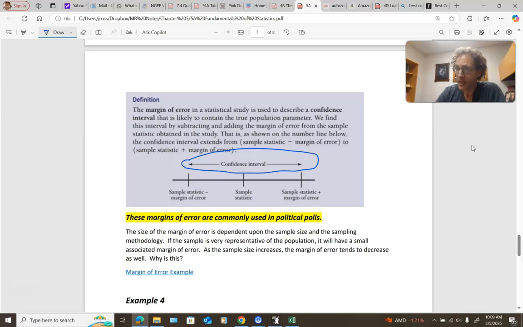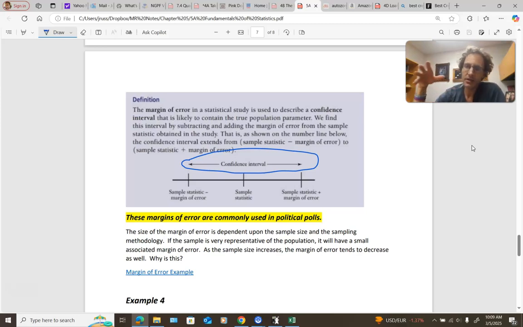The smaller the sample size, the larger the margin of error. Why is that? Because a smaller sample is not going to be as representative of the population as a larger sample. Sampling methodology can also come into play, but the thing that really has bearing on this is the sample size itself.